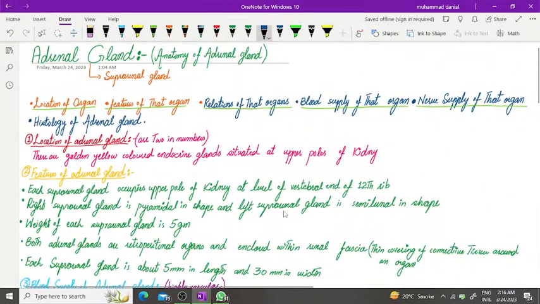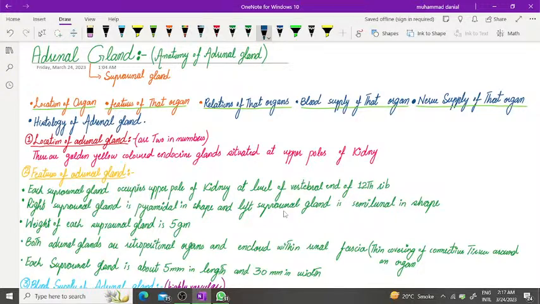anatomy of adrenal gland. Now I am going to recap the whole scenario of adrenal gland. Adrenal gland is also called suprarenal glands, and if we want to talk about the histology and anatomy of any organ, these headings should be there: location of that organ, features of that organ, relations of that organ, blood supply, nerve supply, and then histology of that organ.